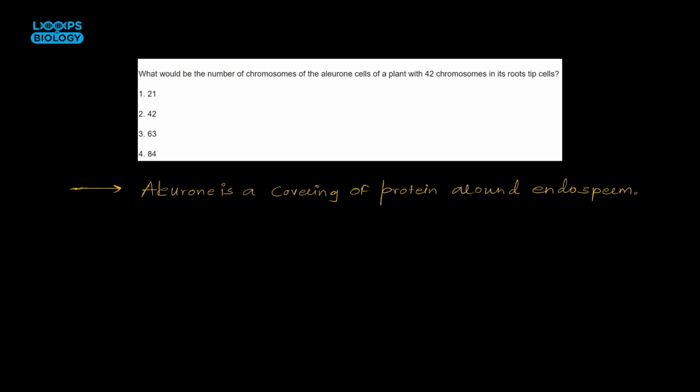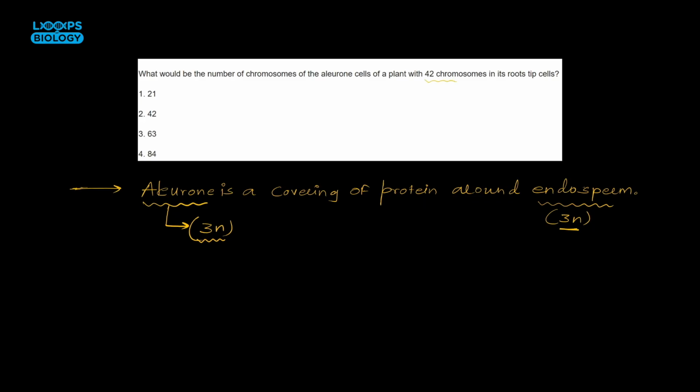The food which is useful for a developing zygote, to convert it into an embryo and finally into an organism. So that is called as endosperm, and this endosperm is triploid in nature. So similarly, the aleurone layer is also triploid in nature. Alright, from this particular information, we came to know that aleurone cells are basically triploid in nature.